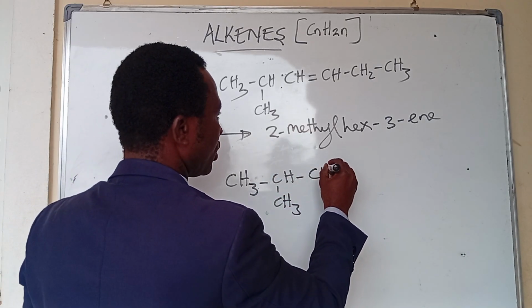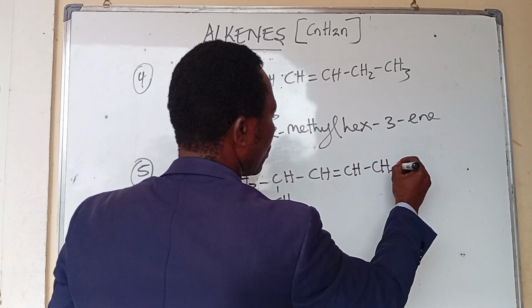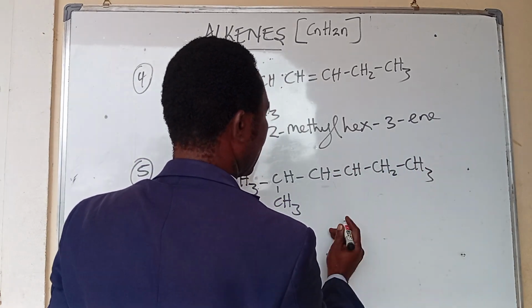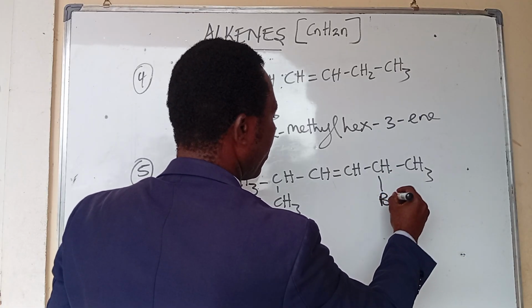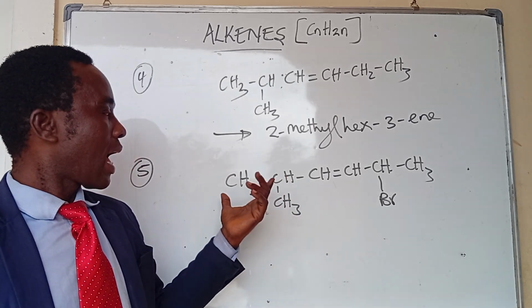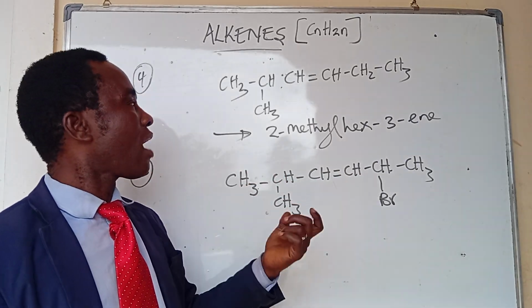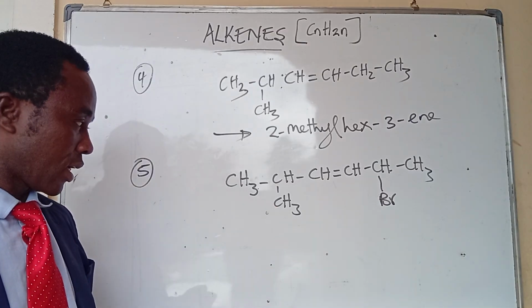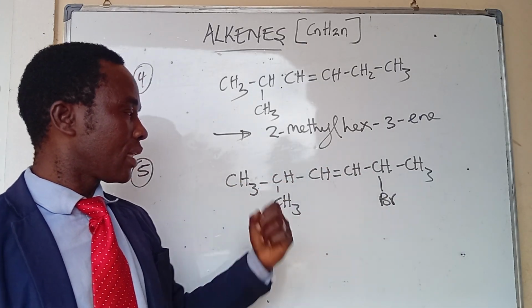They have CH, you have double bond CH, then CH2, CH3. Let's say we also attach a substituent here, which is Br. Now, if you look at this, we have our alkene to be symmetrical, because the double bond is at number 3 from either side.